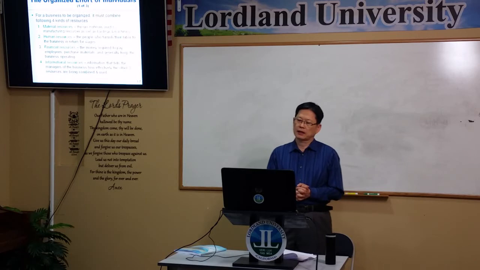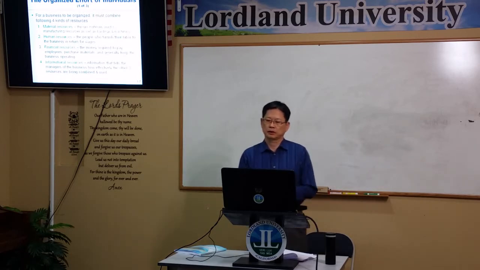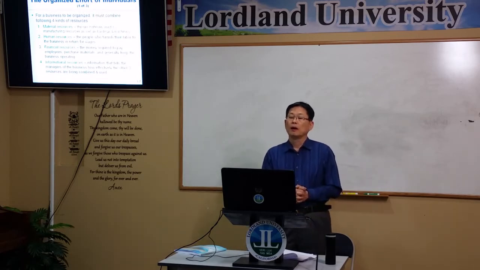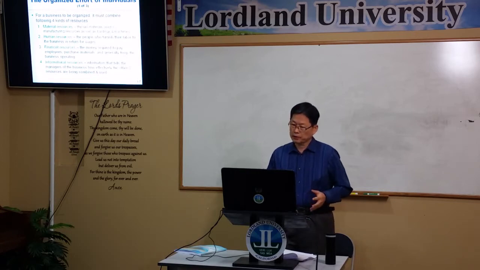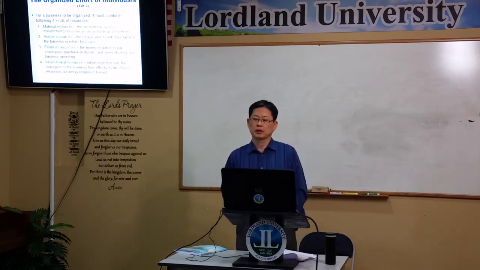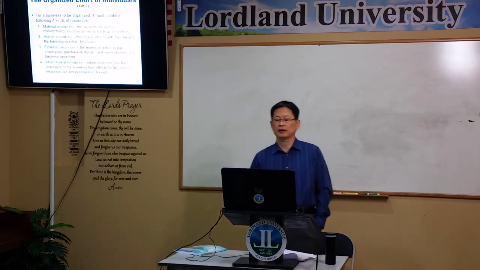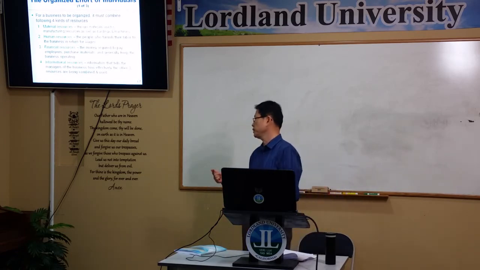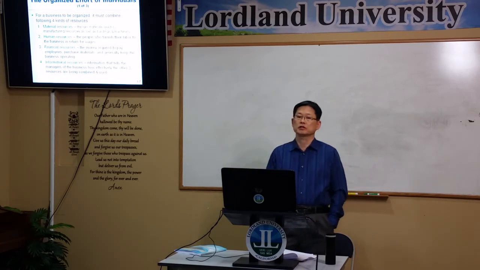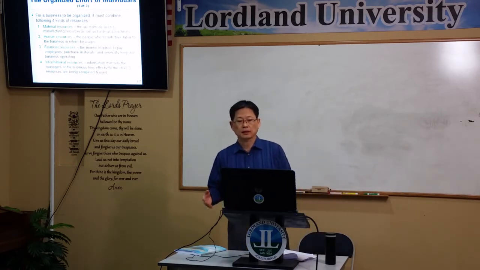Okay, the organized effort of the individuals. For the business to be organized, the business must combine the following 4 kinds of business resources. You must remember that there are 4 kinds of business resources.